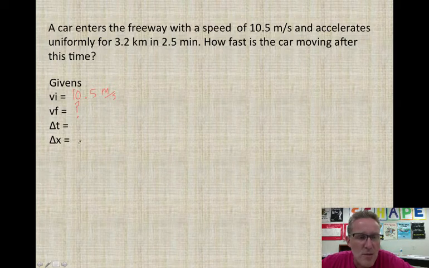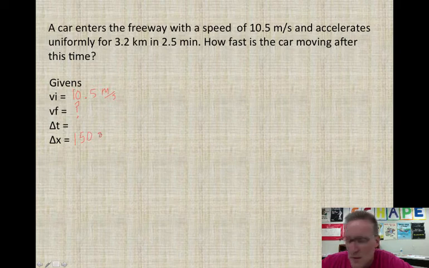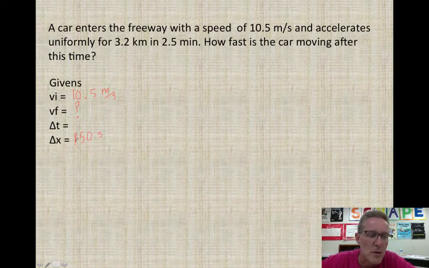And then the time is 2.5 minutes, but since we're in meters per second, we're going to need to get that to seconds. So 2.5 minutes times 60 seconds per minute is going to give you 150 seconds. Actually, I wrote that in the wrong spot. So scratch it out. So 150 seconds.